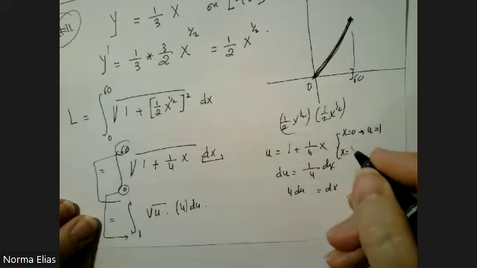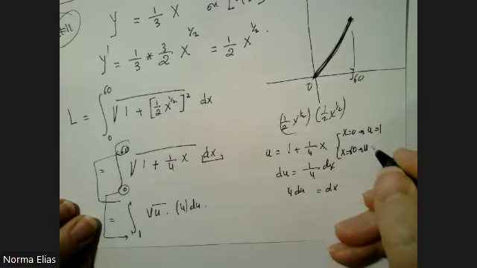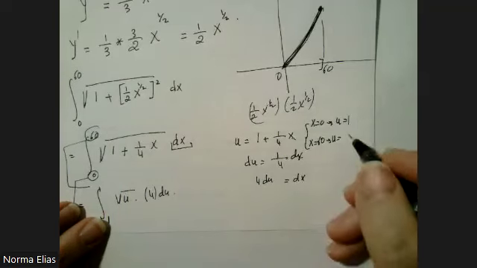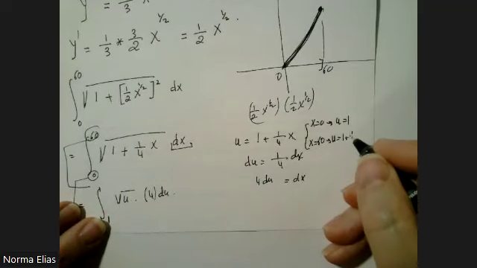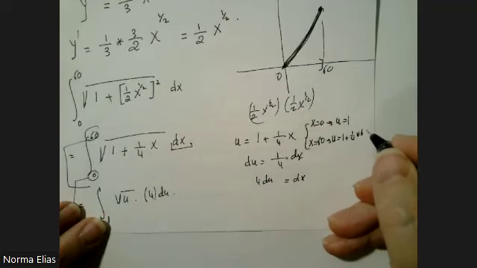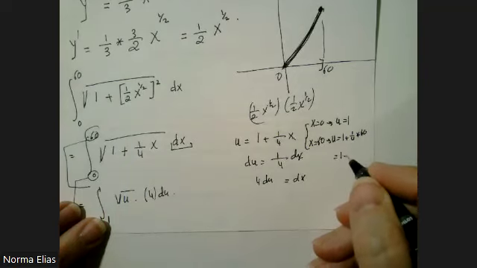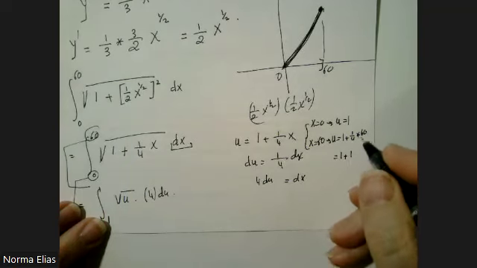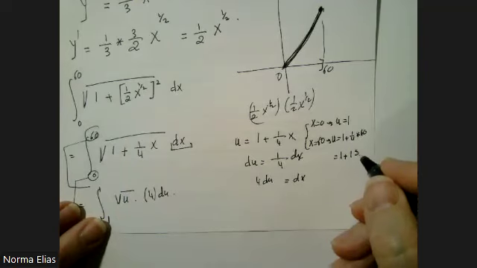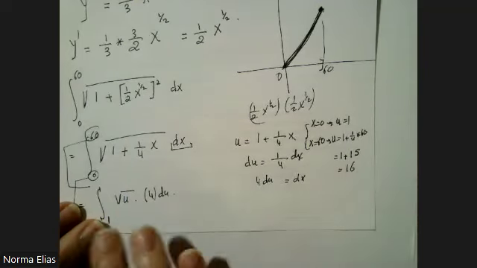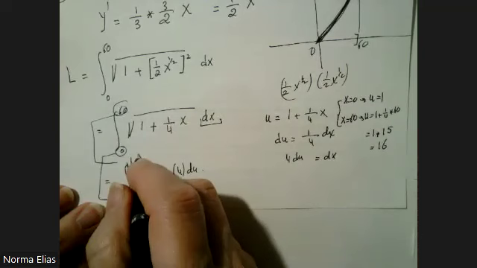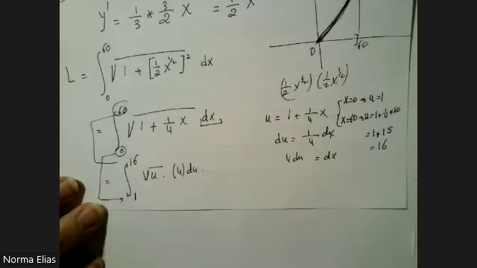If x is 60, then u is 1 plus 1/4 times 60, which is 1 plus 15, which is equal to 16. So this becomes the integral from 1 to 16.